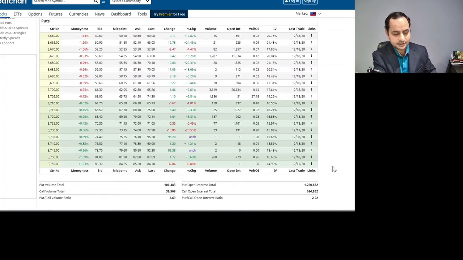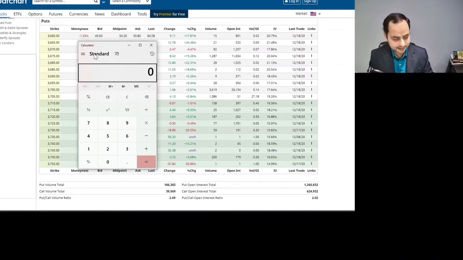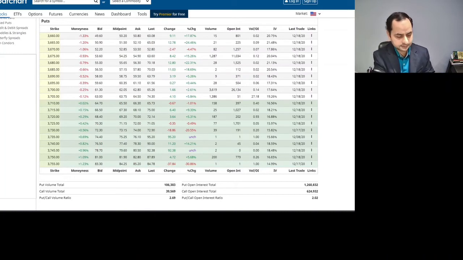Let me show you by computing it. I'll just bring up Excel, it's easy. Open interest means these are the open contracts, where people are more active.